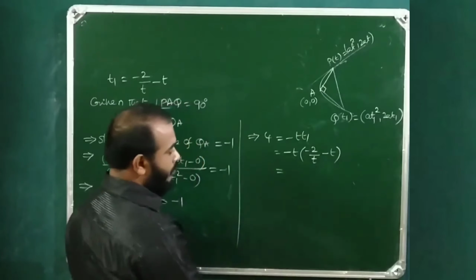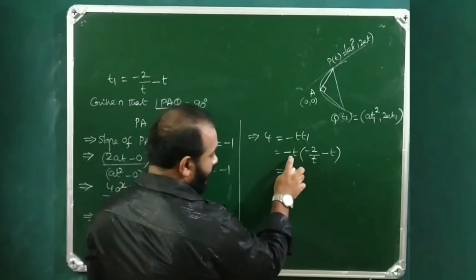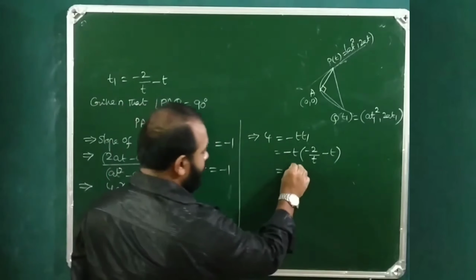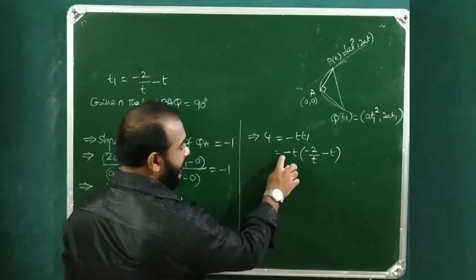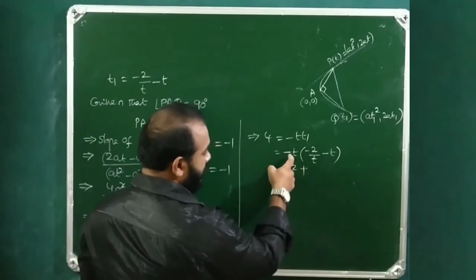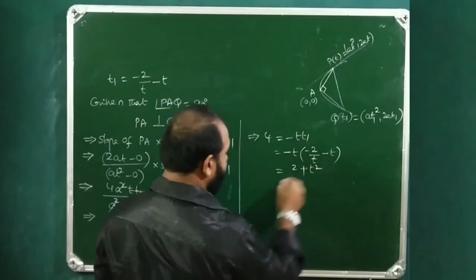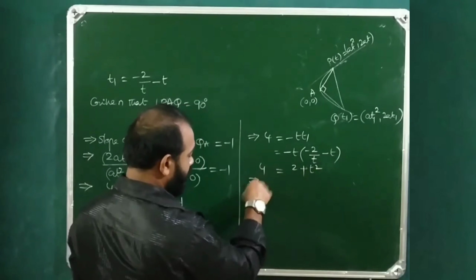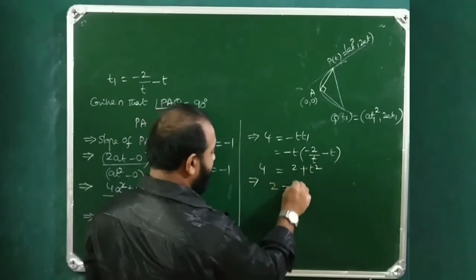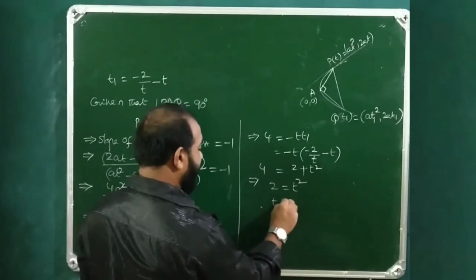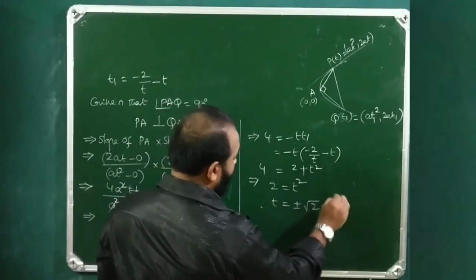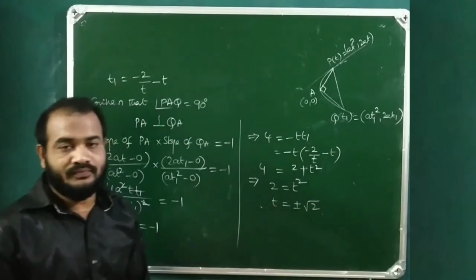This is equal to minus into minus, plus t into 2 by t is 2. t gets cancelled. Minus into minus, plus t into t square, is equal to 4. So 4 minus 2 is equal to t square. Therefore, t is equal to plus or minus root 2, which is what we needed to show.